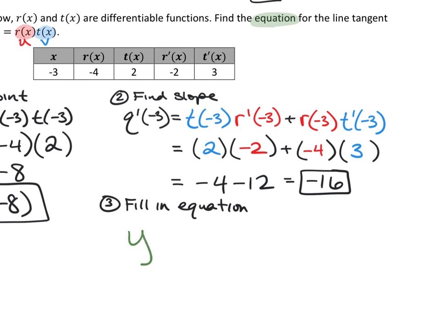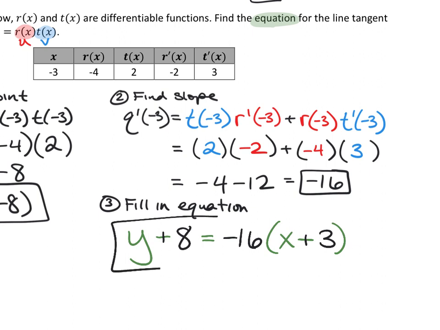This would be y minus y1 equal to m times x minus x1. And voila. Comments, questions, concerns about the product rule?